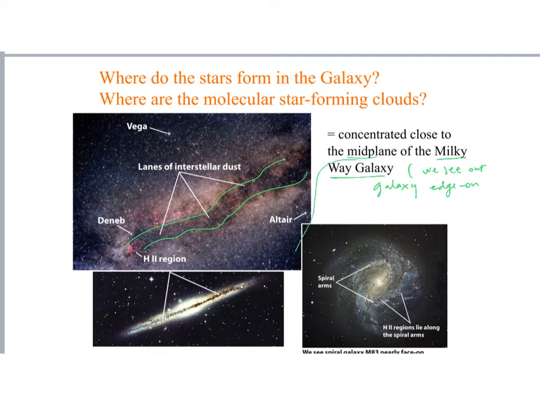and they are concentrated close to the mid-plane of the Milky Way galaxy. The mid-plane, just like here. Okay? All right, these are the ionized hydrogen regions we talked about.